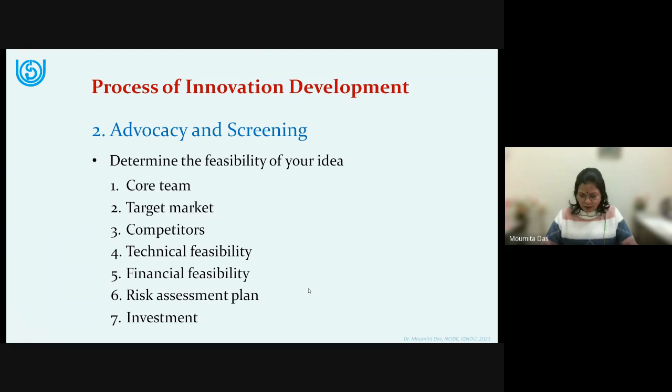Then you can prepare your financial projections over a period of time, and see if they are scalable. That will help in attracting investment. And you have to indicate the profitability part of your plan.